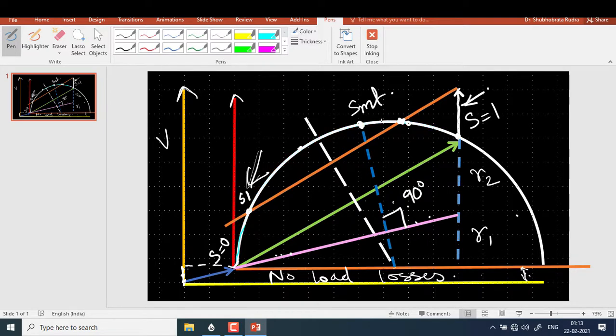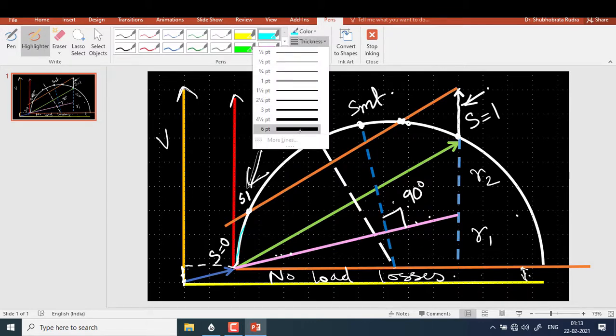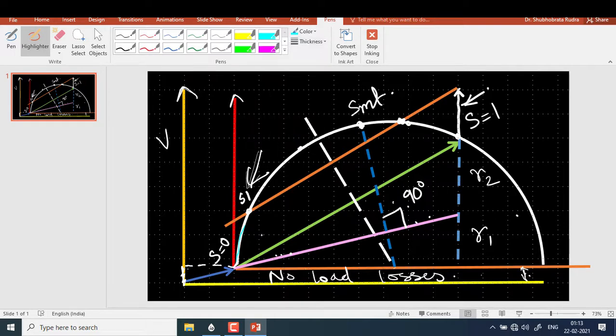So you will get your stable operating region in this area.